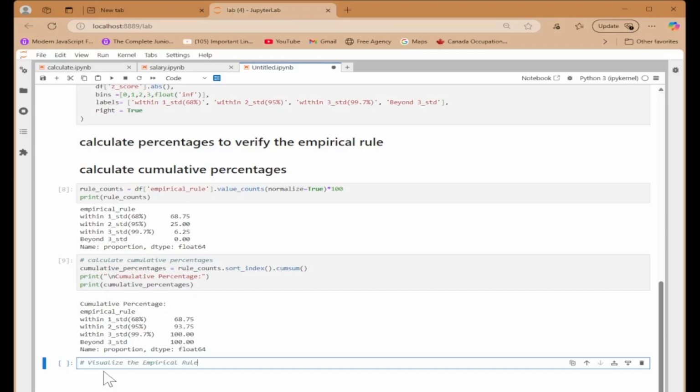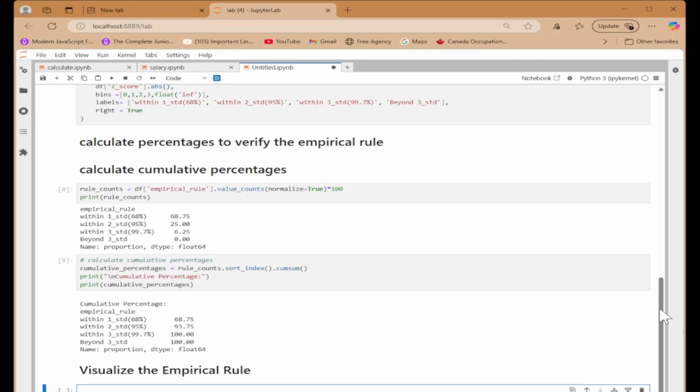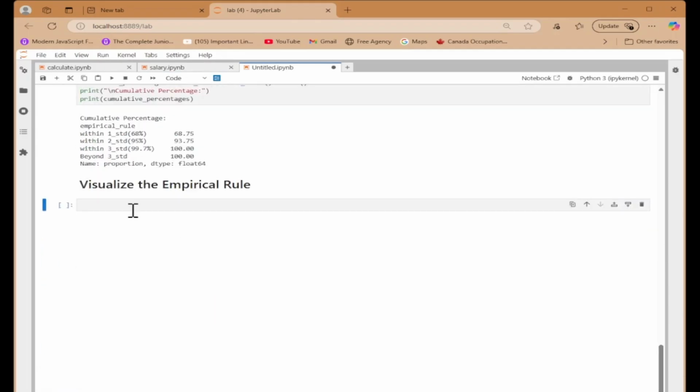Let me make it a markdown, shift enter. Okay, there is where we will visualize. Let's start with that. sns.histplot, data equals df, comma, x equals salary. We're going to plot the salary. This is univariate. Histogram always does univariate.